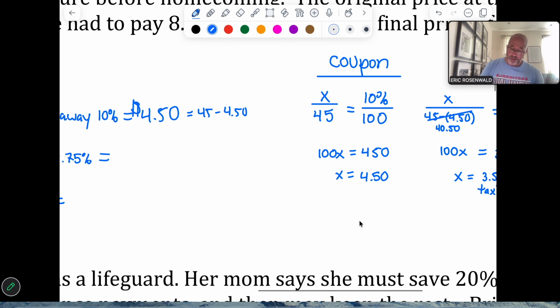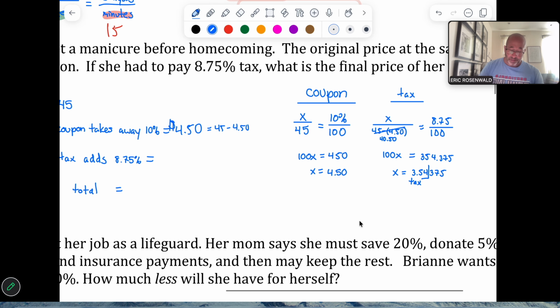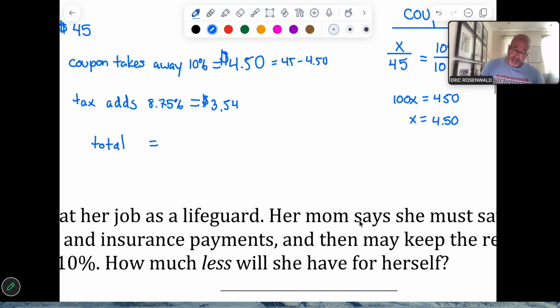So now the tax that's going to be added is $3.54. Okay, so at this point, here's what we've got. We have $45. We're going to take off the coupon, and then we're going to add the tax, same as what was happening in that other receipt.